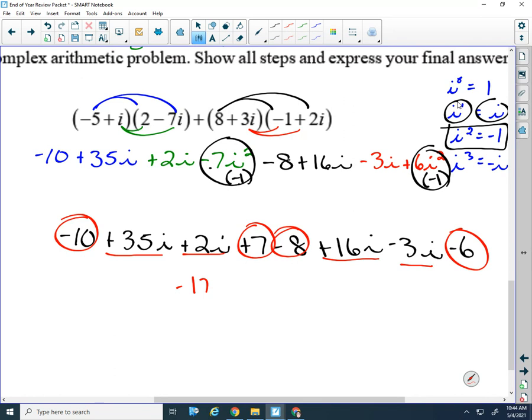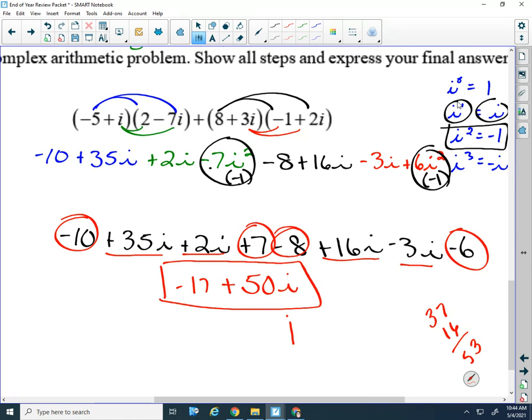I got 5, so that's 37. 37 plus 16, 53. It's supposed to be minus or plus 50. And that is your simplified answer. Make note, the i portion comes second. Don't write 50i minus 17. Negative 7 plus 50i.